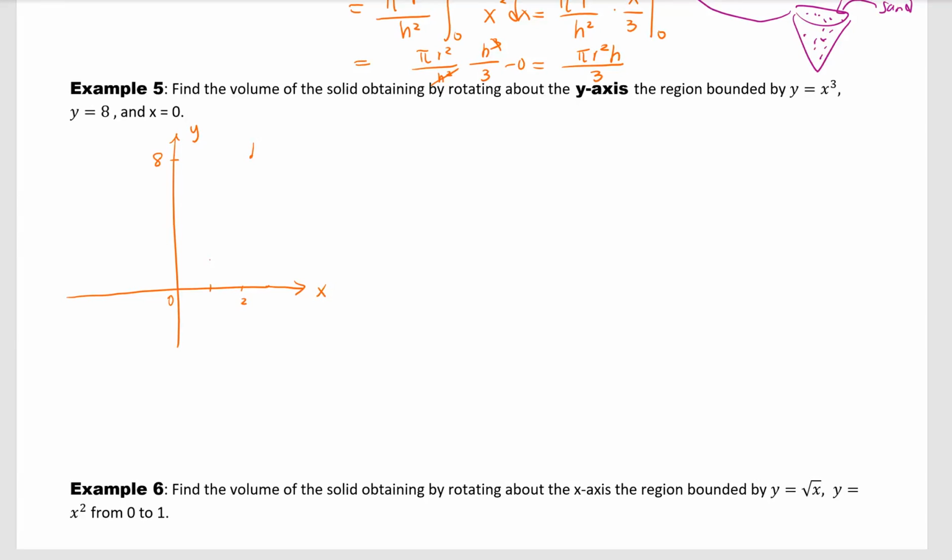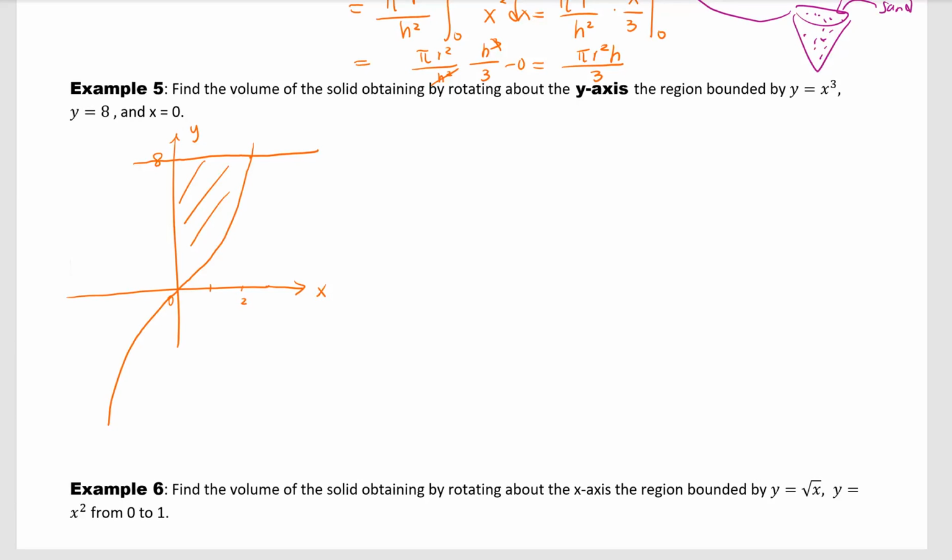It looks like that. So we're looking for the region bounded by this cubic function and y equals 8. y equals 8 is a horizontal line. x equals 0 is actually the y-axis. So this is the region. So far, so good, everybody?